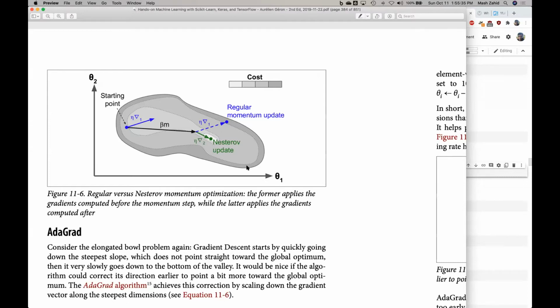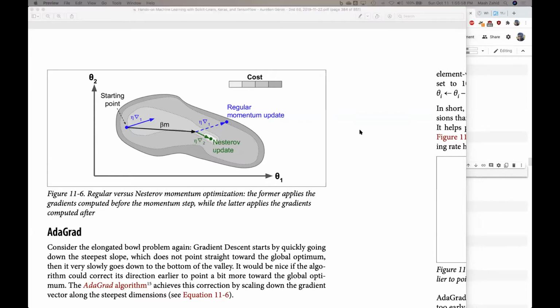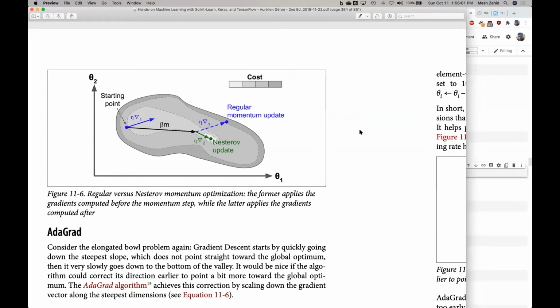Why do we have delta 1 twice, the dotted blue line and the solid blue line? What is it trying to say? Okay, the solid dot on the left: if you calculate the gradient there, then that solid blue arrow is the direction of the update.